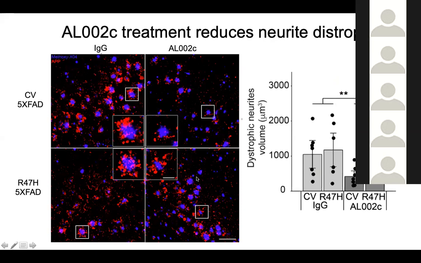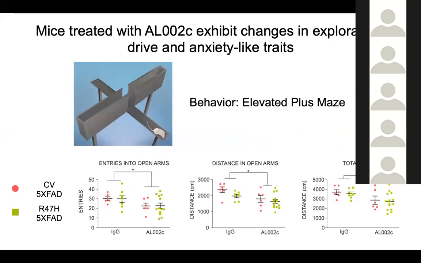We found that compared to the control group, the AL002C treatment significantly reduced the volume of dystrophic neurites per plaque. So we next examined whether the reduction of A-beta pathology impacts or is associated with behavior changes.